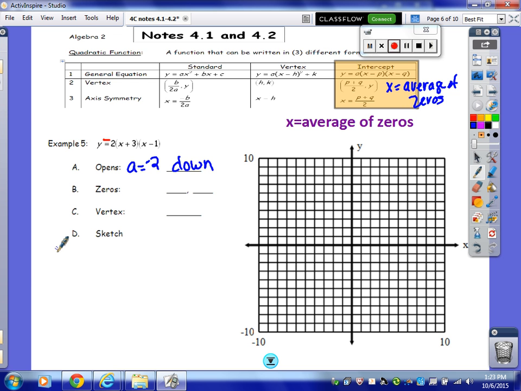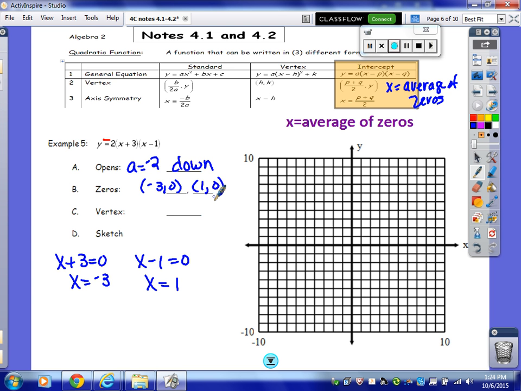So we're going to take each of our factors and set them equal to 0. So x is equal to negative 3 and x is equal to 1. All right, so P and Q. So negative 3, 0 is going to be a point on my graph, and 1, 0 is going to be a point on my graph. So there's 2 points already, so we need to find 3 more.